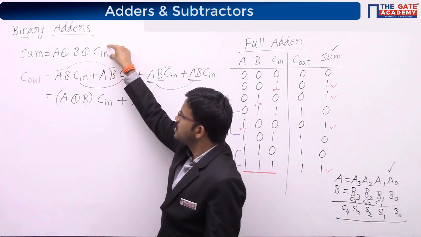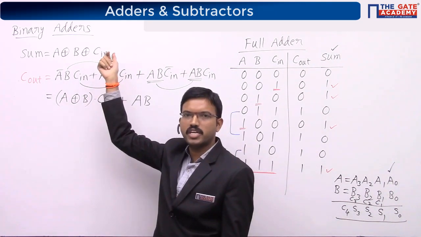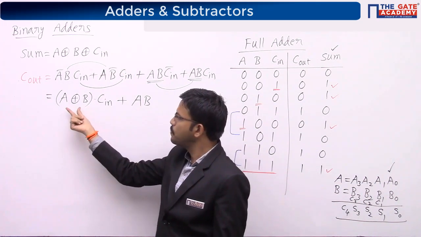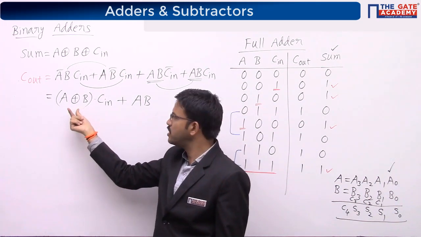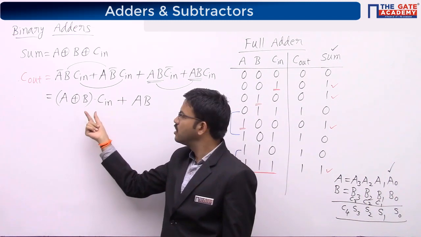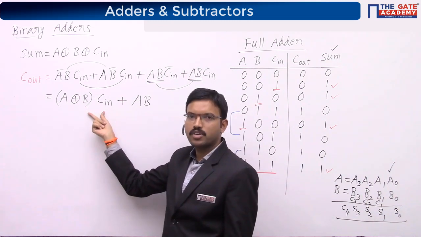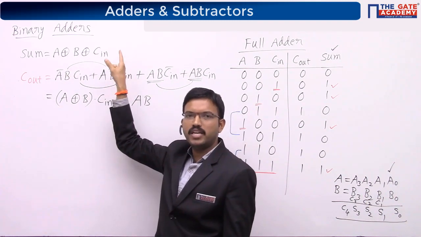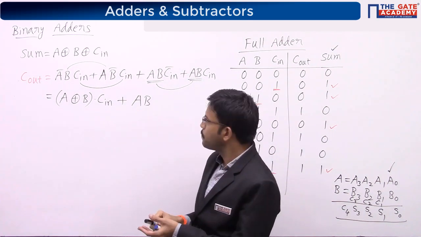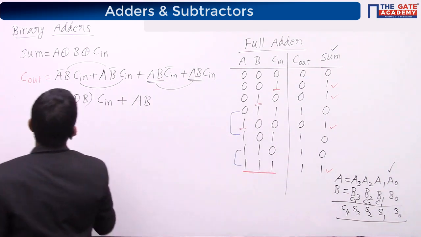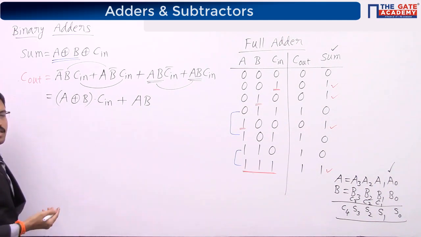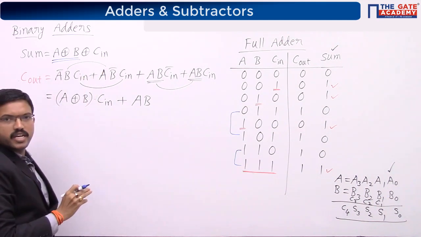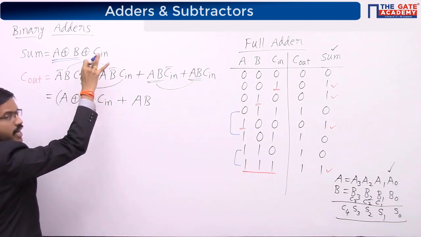See, we can implement this particular expression with the help of a 3 input exclusive OR gate, but if you observe, A XOR B I am using as input for one particular AND gate. So instead of directly implementing a 3 input XOR gate, first we can implement A XOR B, and then with the help of one more XOR, we can get the overall expression.